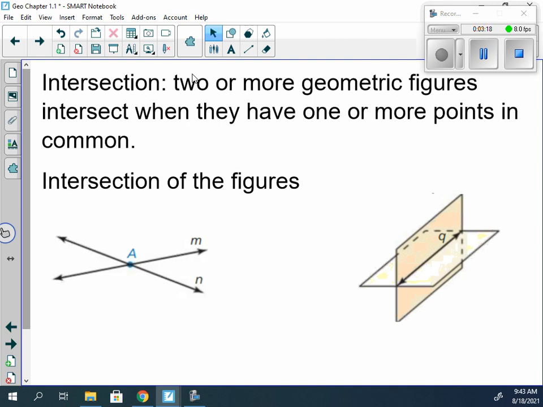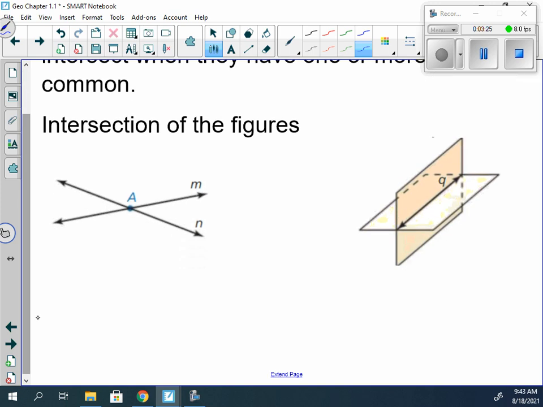Now we do have two figures here. Now A is the point where they intersect. So what do you think we would call point A? It's a point where they meet, and so what do you think it is? Almost.